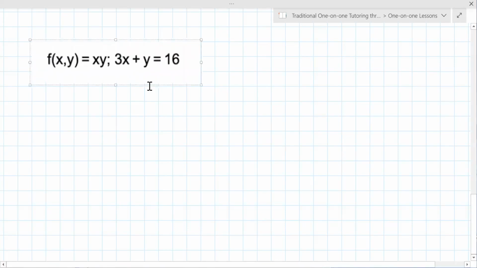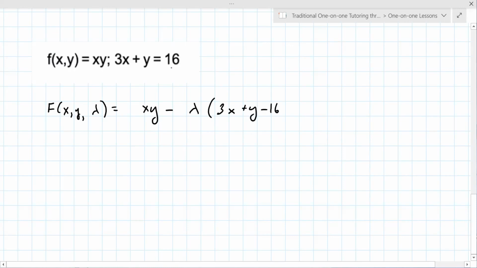Yeah, so we're going to use the method of Lagrange multipliers again. So the first thing is to write f of x, y, lambda, and that's xy minus lambda times (3x plus y minus 16). You have to move this to the other side of the equation. And then you take 3 derivatives.